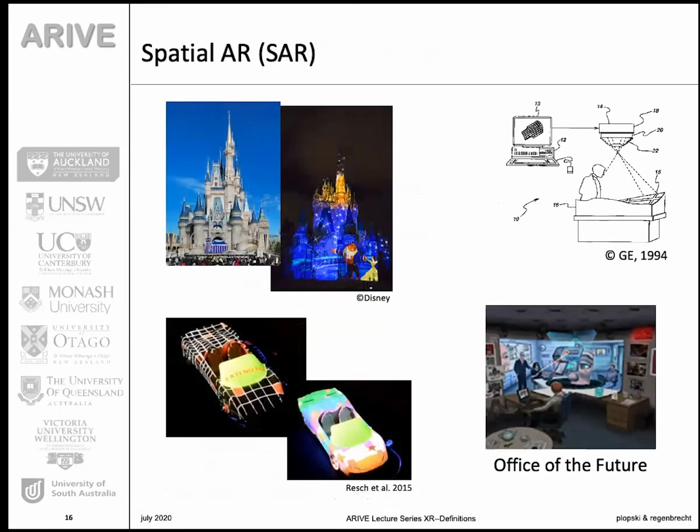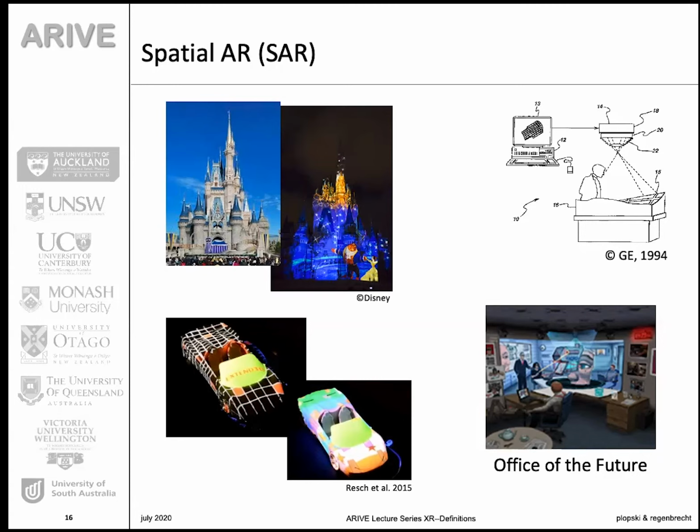Spatial AR, I think most of you are probably familiar with this from projection mapping onto buildings. If you have ever gone to Disney World, you will probably have seen this augmentation of the castle. And we can modify the appearance of objects and the user's experiences simply by projecting a lot of information onto existing objects.